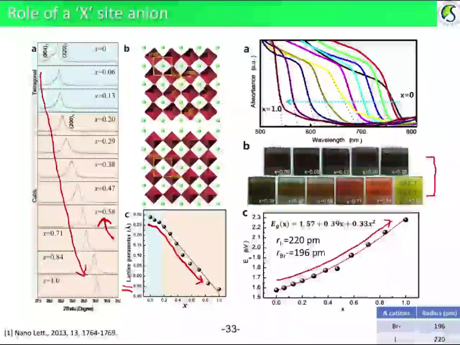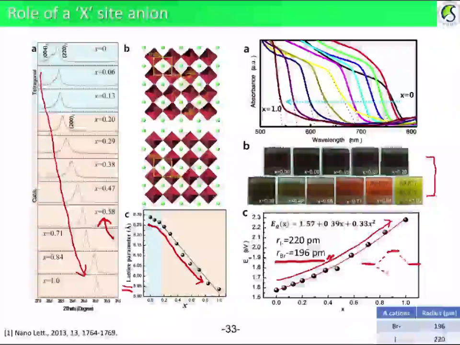This is because the bromide ion has a relatively smaller ionic radius. Intuitively, we can think that as the ionic radius decreases, the overlap of the molecular orbitals will become more significant.